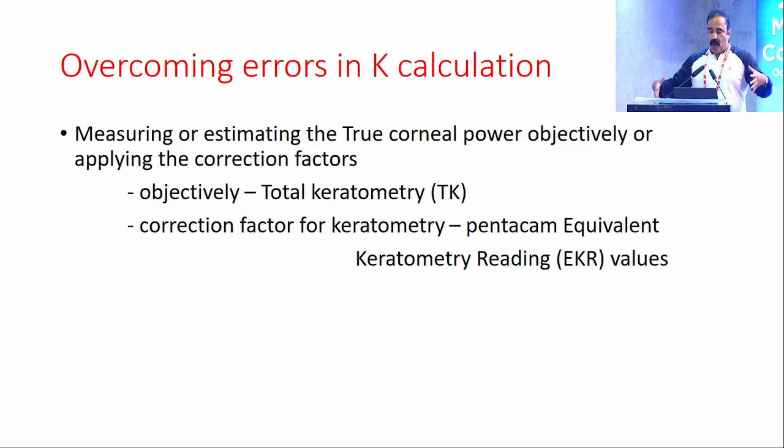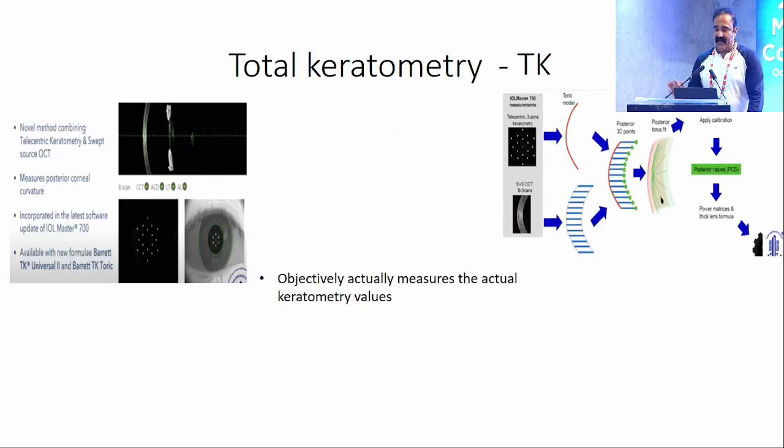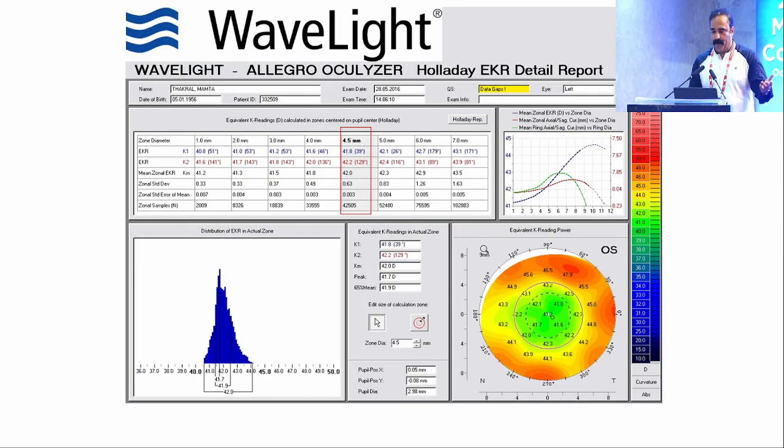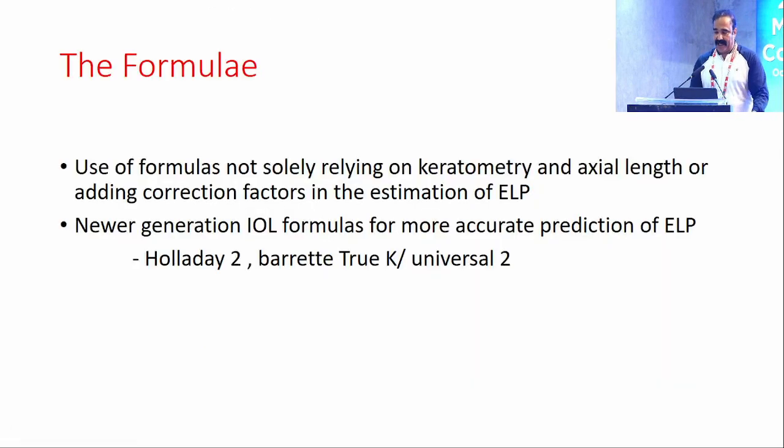So what do we do to overcome these problems? Go for a total K calculation that you get from an optical biometer like IOL Master 700, or use a Pentacam. If it is a Pentacam, it has a Holladay EKR report, which gives the equivalent, and that can be used for IOL power calculation.